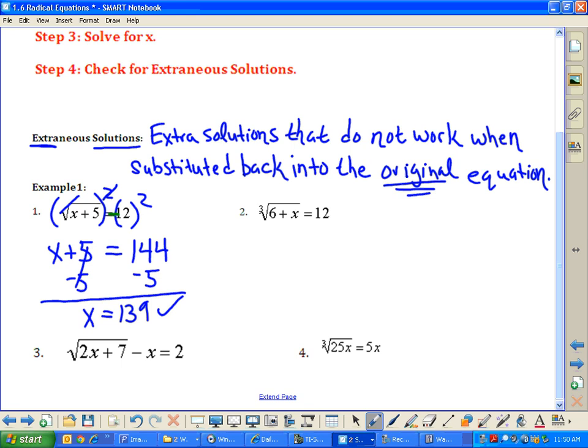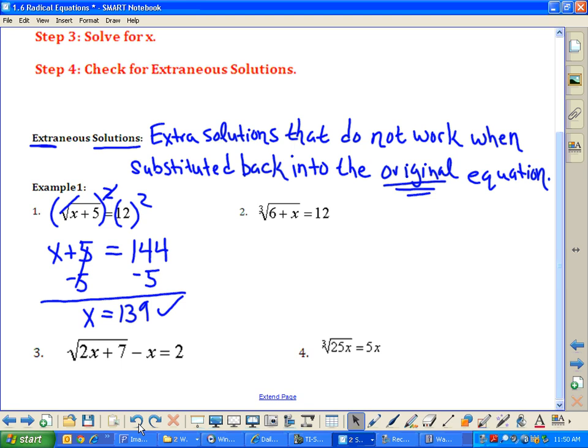Yeah, very good. When I take the principal square root of something, I'm looking for that positive value, and she said it. Positive 12 doesn't equal negative 12. So make sure you're checking your work is the moral of the story there. You want to check to make sure that your answer is indeed non-extraneous. You'll get an answer and do all the work right, but it still might not work in the original equation.